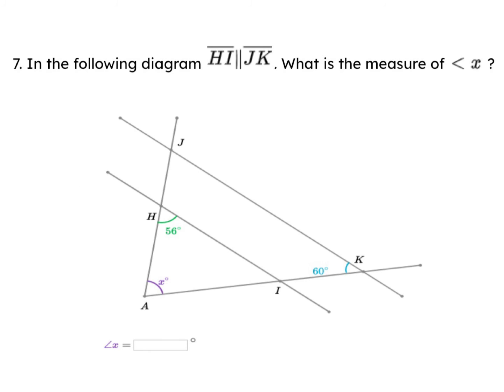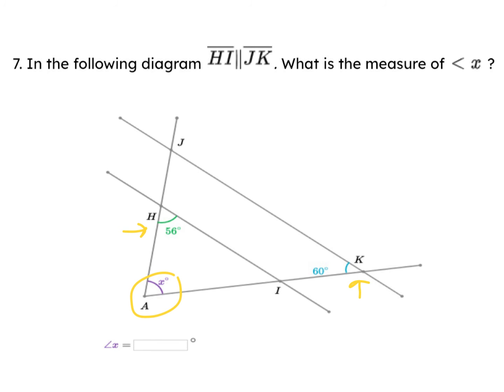Okay, question 7, we're looking for the measure of angle x. So we're looking for right here. And we have a lot of information. We have 56 degrees right here for angle H, and we know angle K is 60.